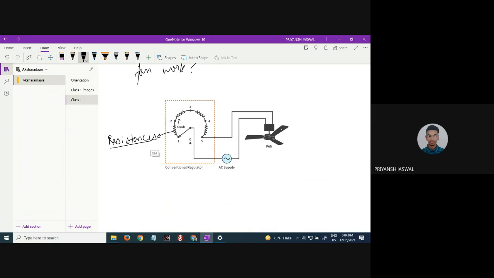These ones. And this is the ceiling fan, which might be at your home also, or the different fans, which are the standing fans. In that also there is a regulator.